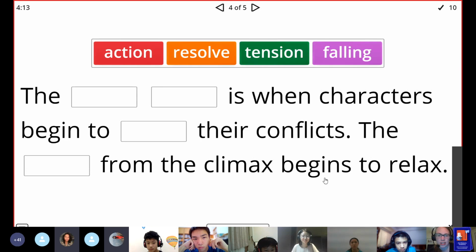Okay, let's go on to this next one. The blank is when characters begin to blank their conflicts. Ray, can you fill in those blanks, please? The falling action is when characters begin to resolve their conflicts.